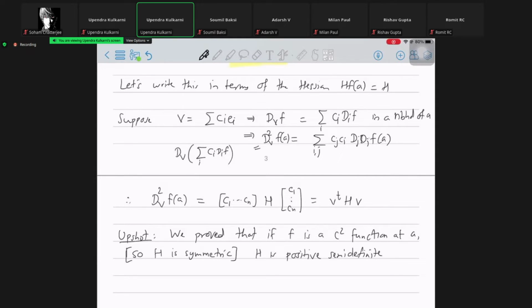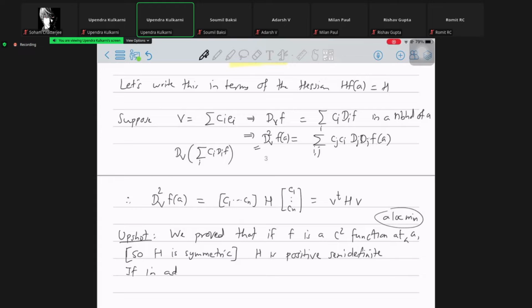But now if it was given to me that the critical point is non-degenerate, that is to say that the Hessian is non-singular, then I can simply drop the semi. So, if f is a C2 function at a local minimum, then H is positive semi-definite.